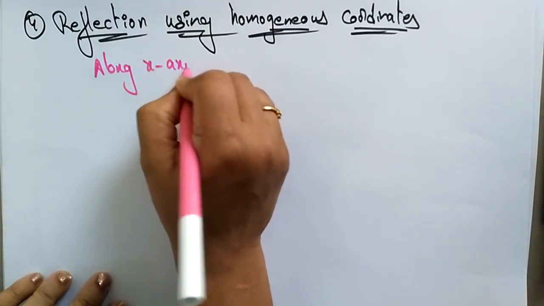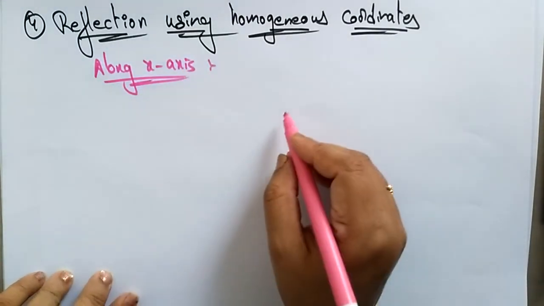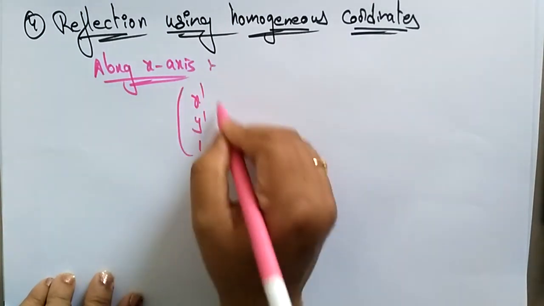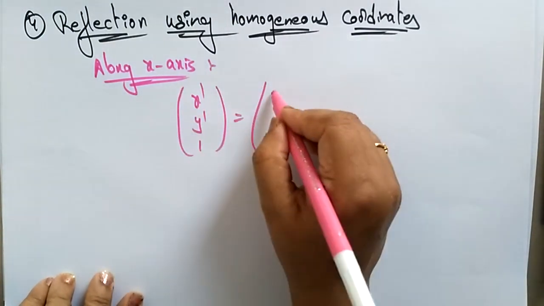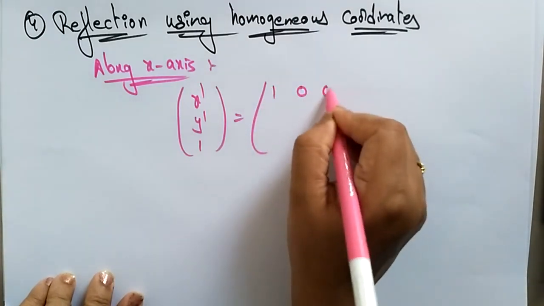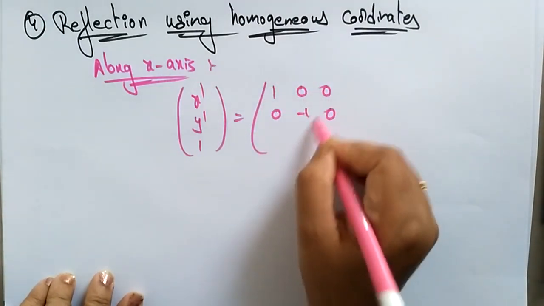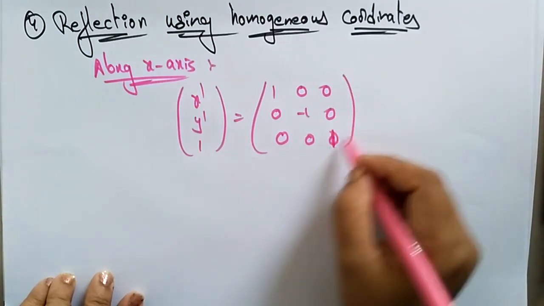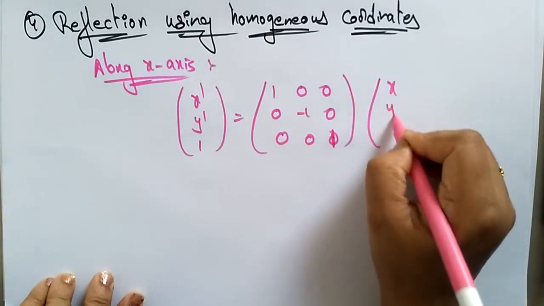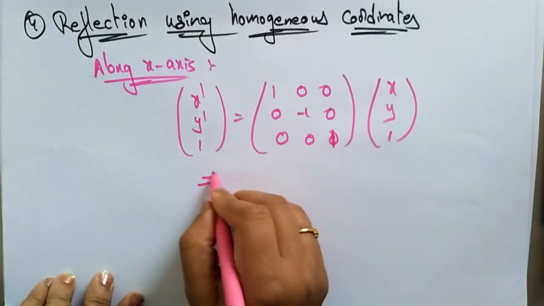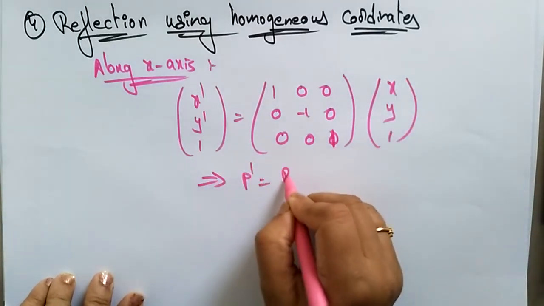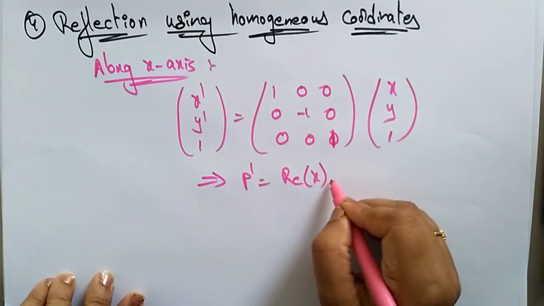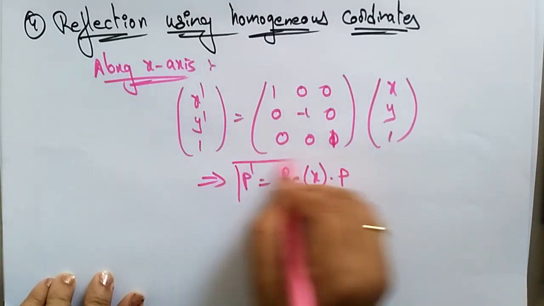First along the x-axis: x dash, y dash, 1 is equal to the matrix 1 0 0, 0 minus 1 0, 0 0 1, times x, y, 1. It can be represented as P dash is equal to the reflection along the x-axis into P.